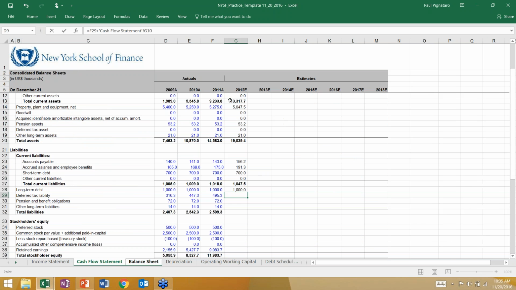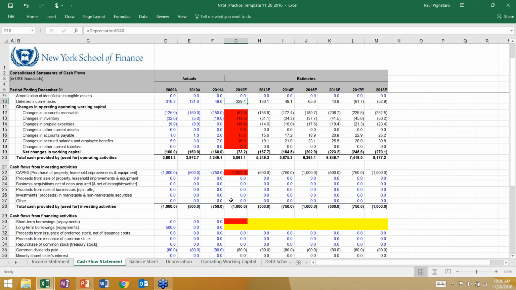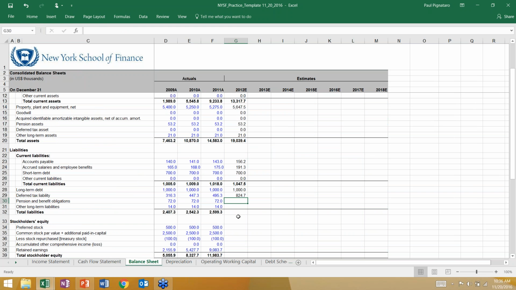Deferred taxes drive deferred taxes. Pensions and other, these are one-off line items. If we went line by line together, we'd realize there's really no line item that refers to pensions, so it will remain unchanged. Same thing with other. You'll find that a lot. There's a lot of line items that just stay flat.